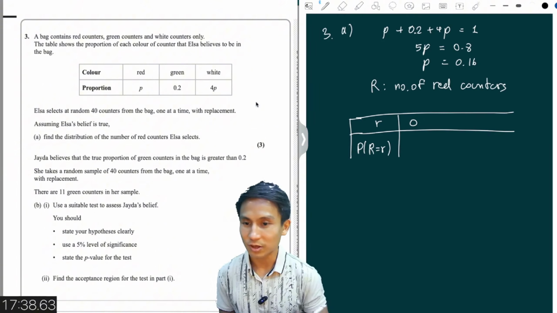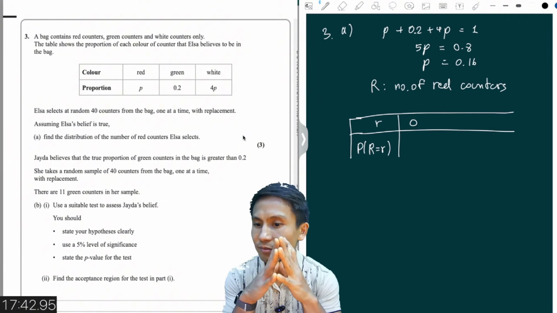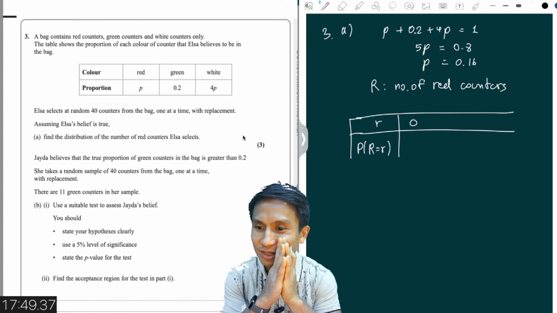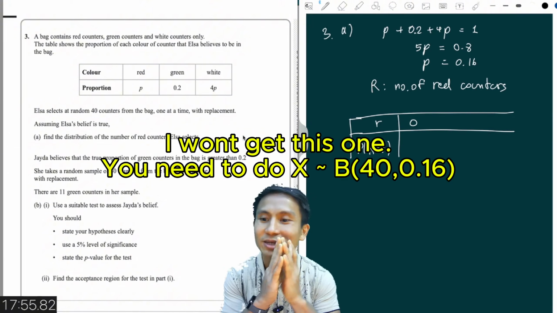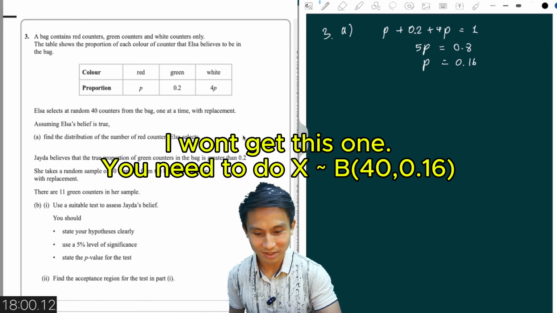Yeah, okay with that. Now, I mean, am I overcomplicating this? Does it ask for the probability distribution for number of red counters? Oh, I see. So it's just the expected number, I think.